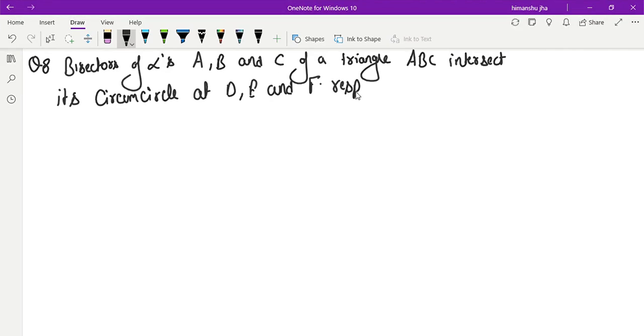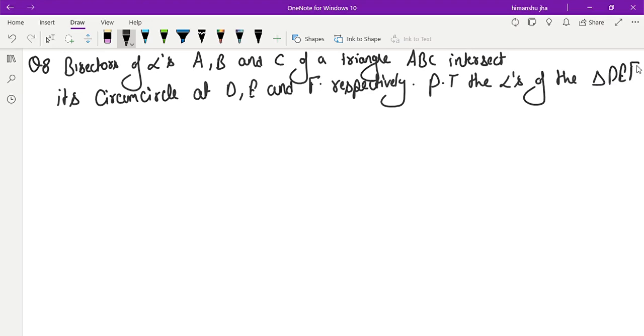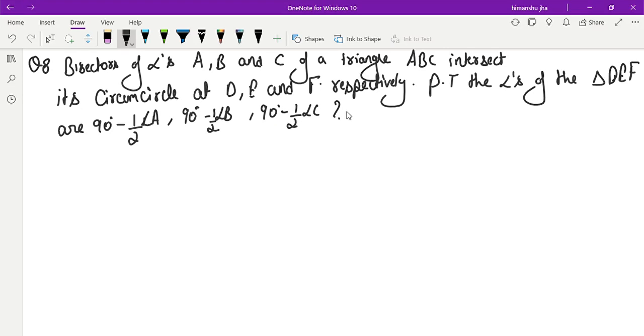Prove that the angles of the triangle DEF are 90 degree minus half of angle A, 90 degree minus half of angle B, 90 degree minus half of angle C. This is the question.